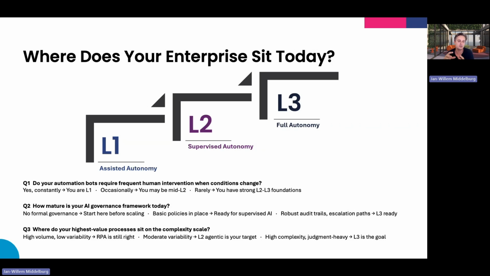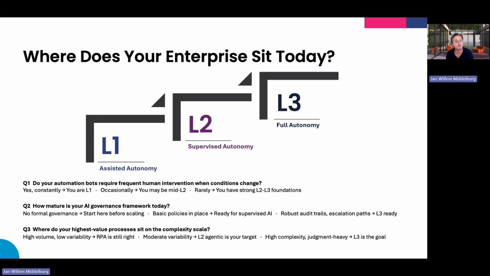If it's more occasional, you're at level 2, and if it's rarely and there's no human involvement anymore, then you're at full autonomy. The same is true for governance questions and understanding how much control you still need to have around those agents, as well as where your highest value processes sit on a complexity scale.